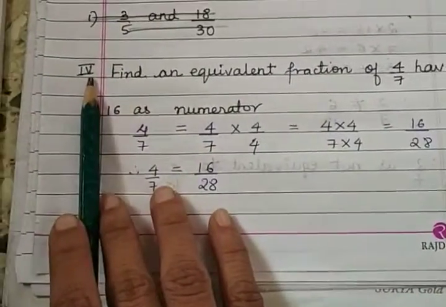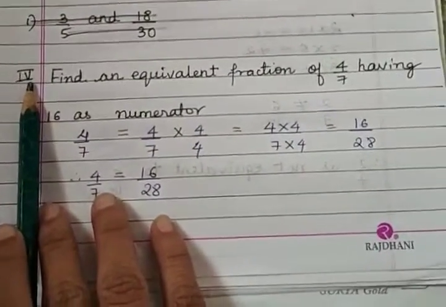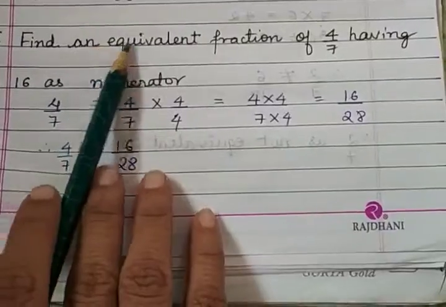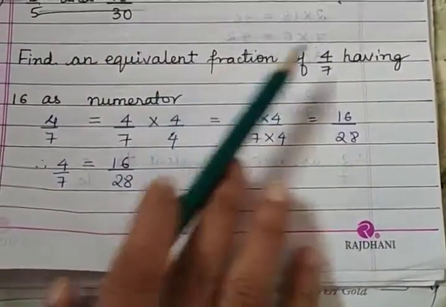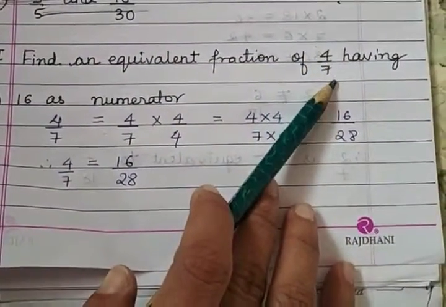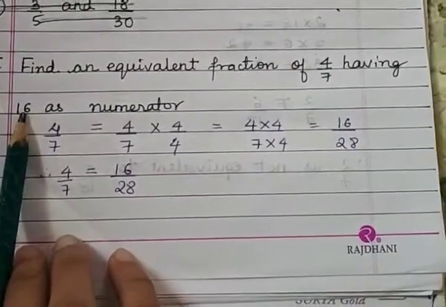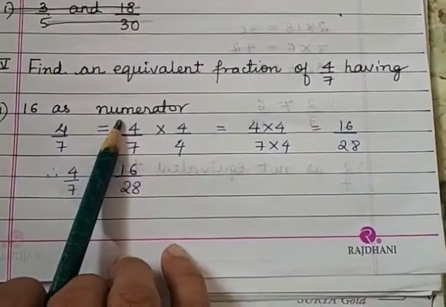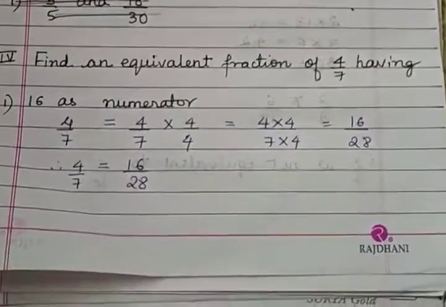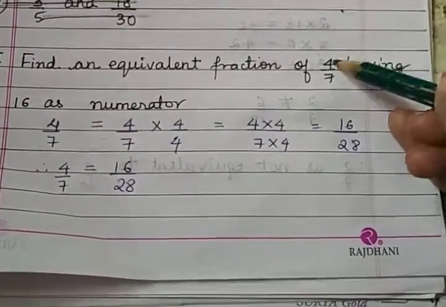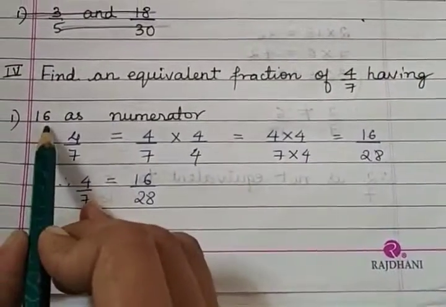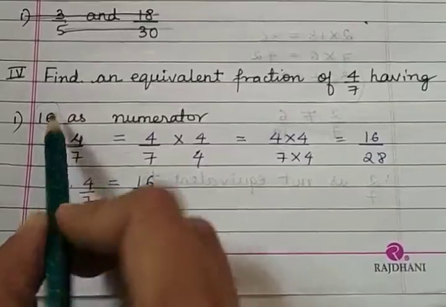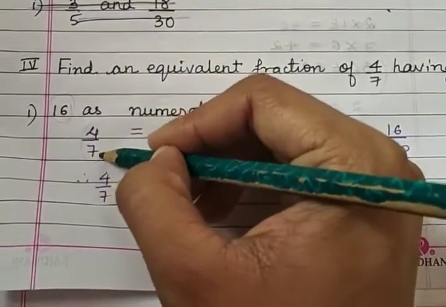Next we will see the fourth main question, which is find an equivalent fraction of 4 upon 7 having 16 as the numerator. So you have to find an equivalent fraction of 4 by 7 which has 16 as your numerator. So you are given the fraction 4 by 7.